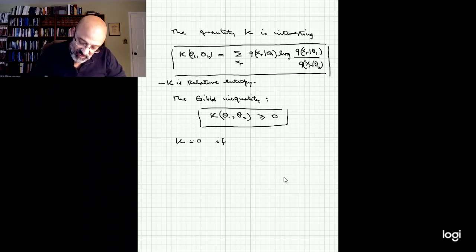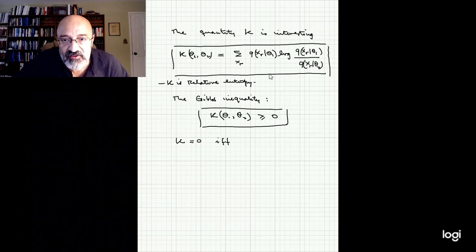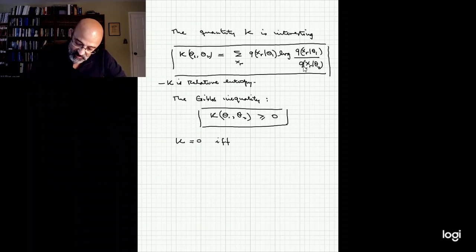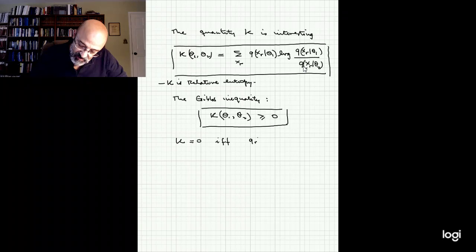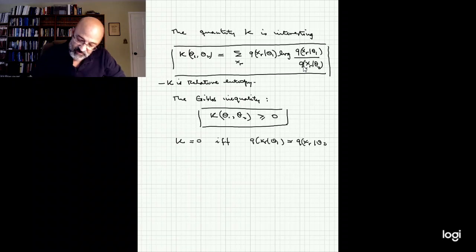if and only if, how do you get a 0 here? Well, the log of 1 is 0. So what am I doing here? Q of XR given theta 1 is equal to Q of XR given theta 2.